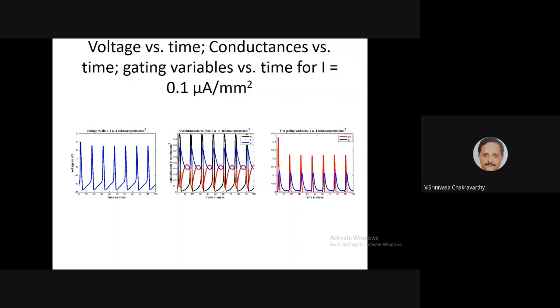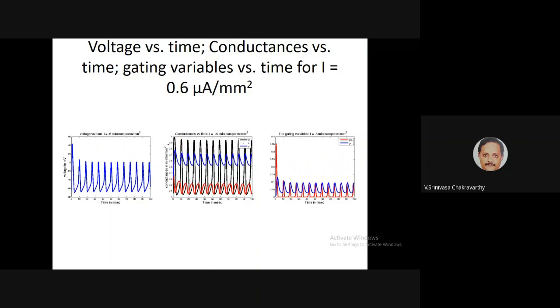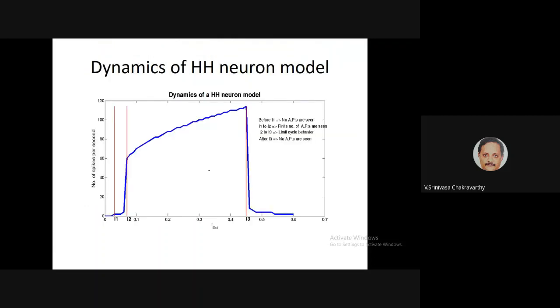As you increase current further, the spike frequency increases. Beyond a point, the spike's amplitude goes down, and it stops looking like a spike. It looks like a small ripple. So beyond that point, you say that there are no action potentials. So these are just 4 equations, but they show very rich behavior. We will see all this in more detail in the next class.